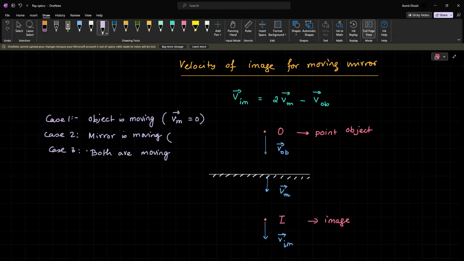In this case, V object is equal to 0. And in both cases moving, both are non-zero. Okay. Now, also remember these are all velocities perpendicular to the mirror surface.